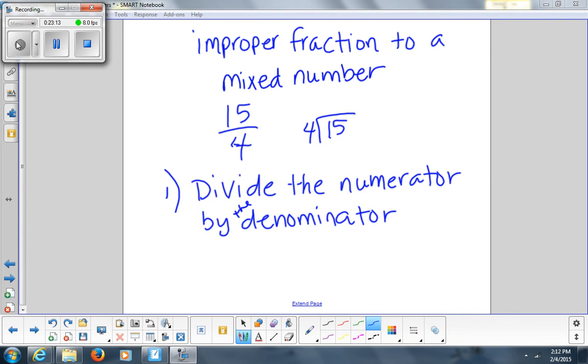Okay, how many times can 4 go into 15? 3. Okay, it can go in 3 times. 4 times 3 is? 12. 15 minus 12 is? 3. Okay, so I have a remainder.